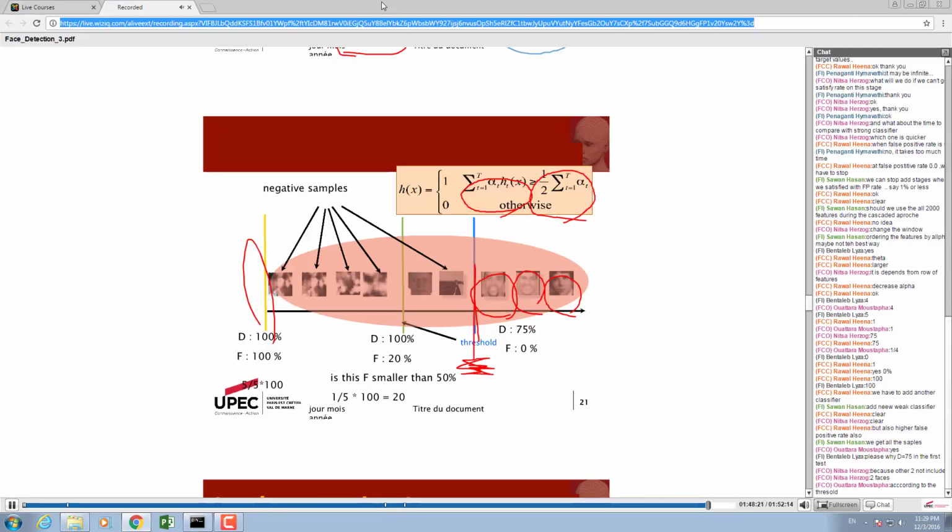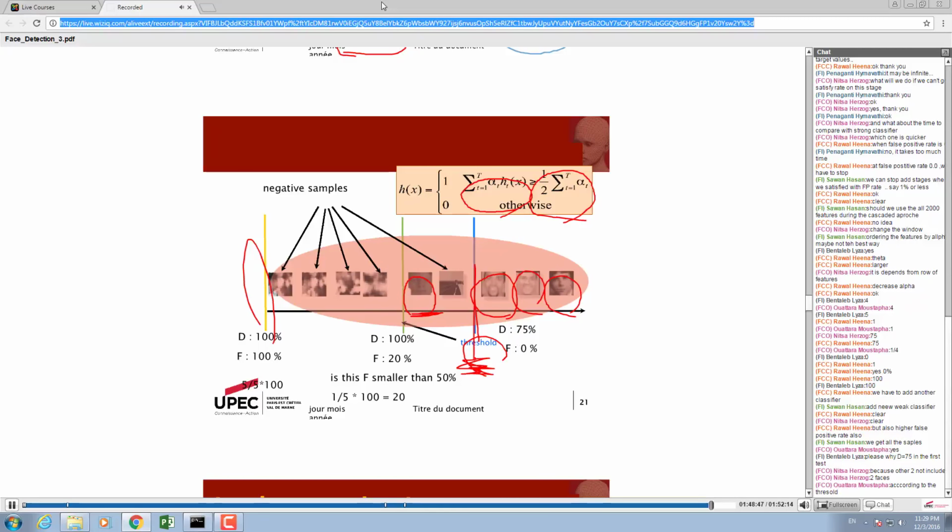By the way, there is one more actual face sample here, a little bit darker image. It was not classified as yes using this threshold. So 3 out of 4 faces are detected as faces.